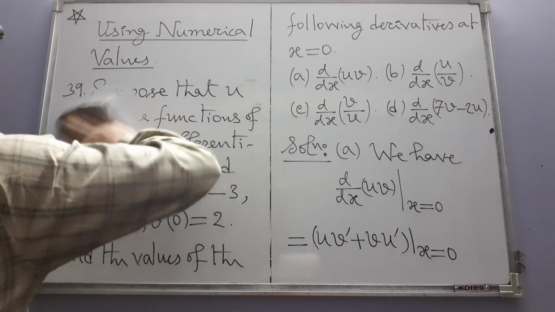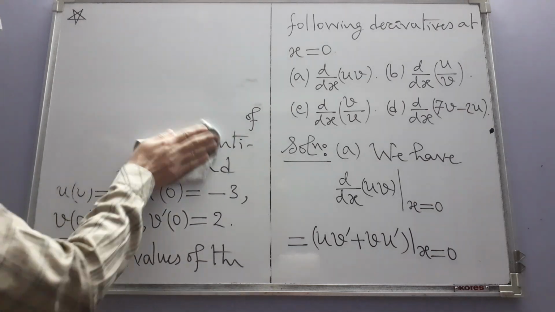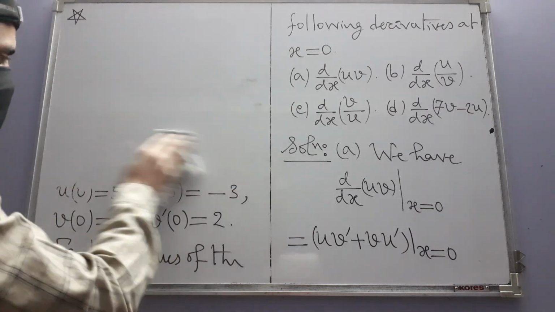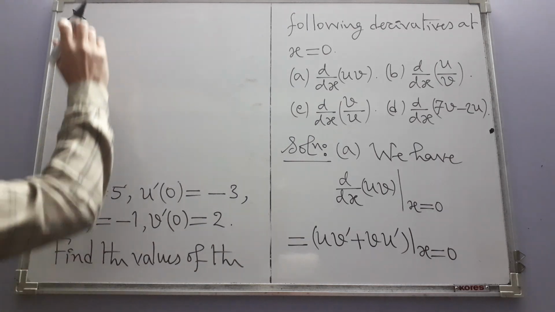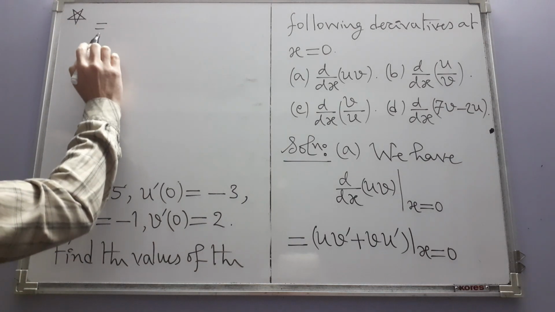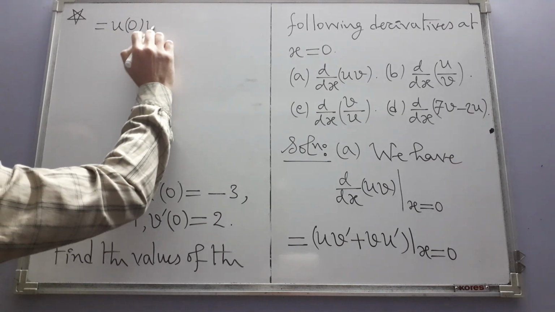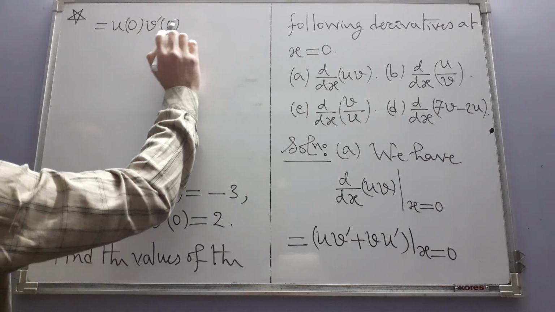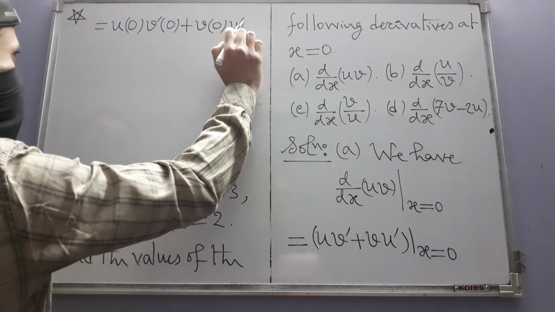Okay, I need these values. So this is nothing but u of 0 times v prime of 0 plus v of 0 times u prime of 0.